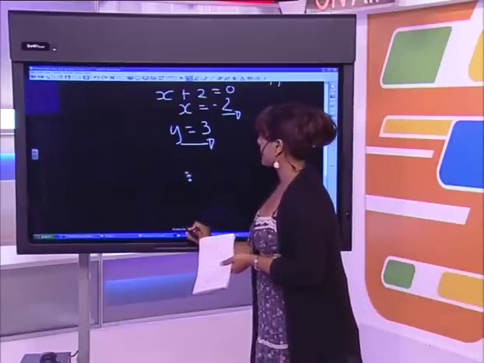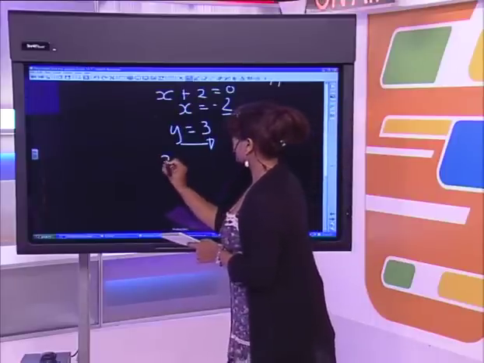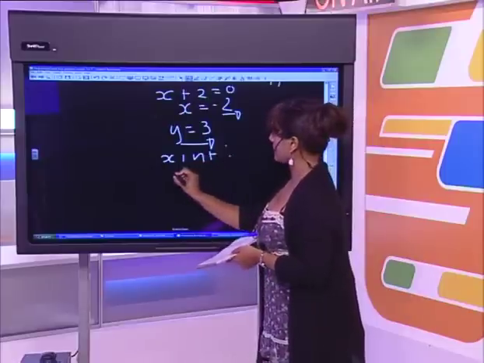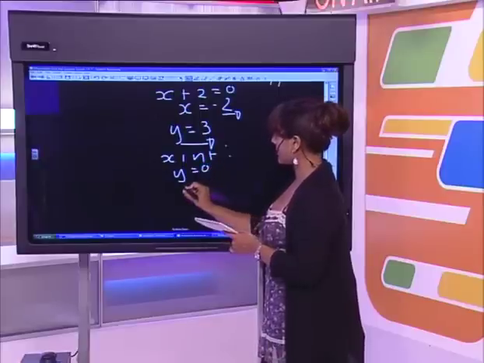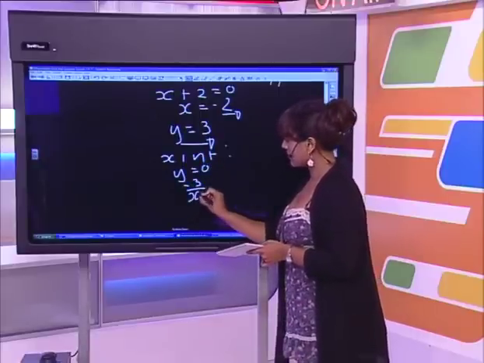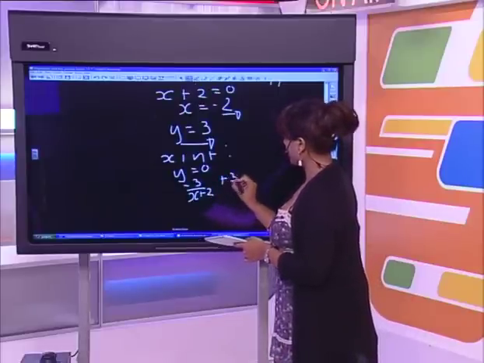To find the x-intercept, you let y be 0. So for the x-intercept, we're going to get y is equal to 0. So therefore, I'm going to have minus 3 over x plus 2, plus 3 is equal to 0.